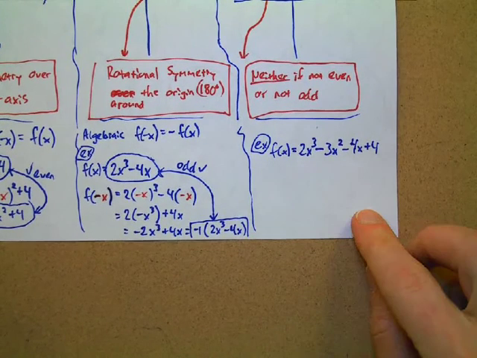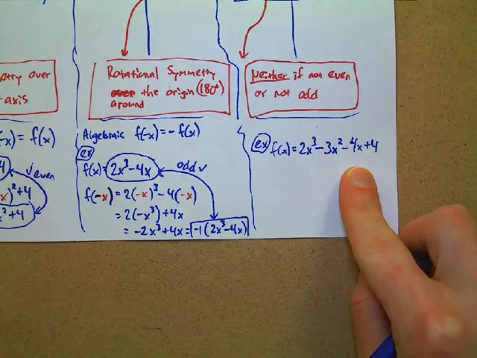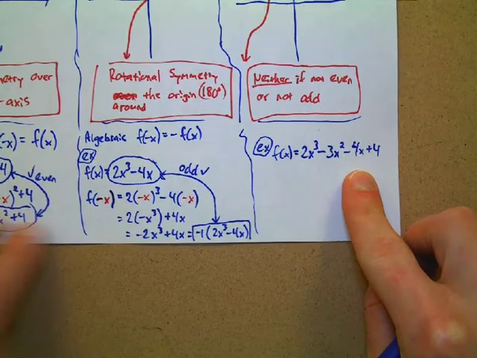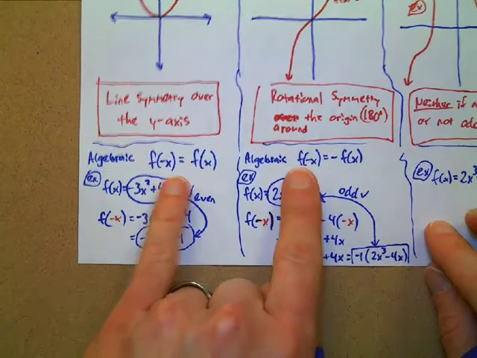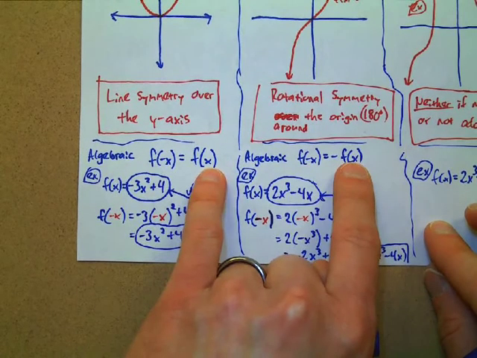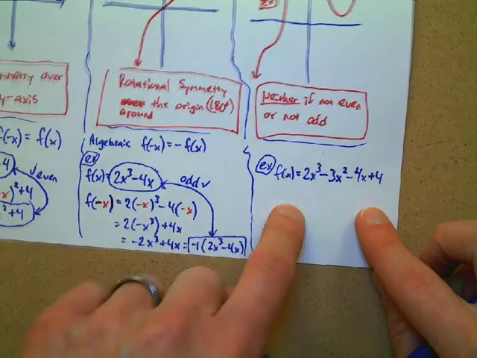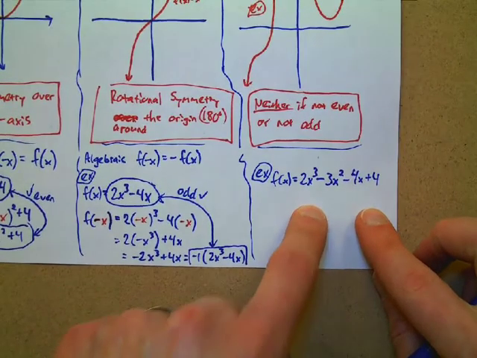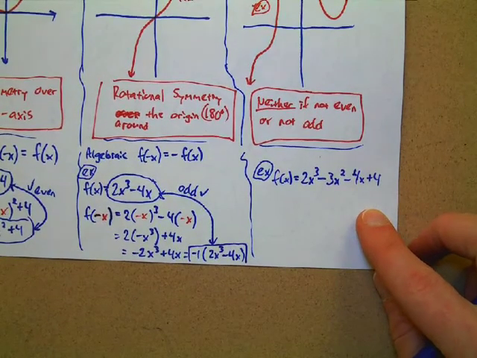So in this case, I'm putting it under neither. But what's our litmus test here? Well, for even or odd, you're plugging in a negative x. And we're trying to see what our result is. The same thing here. The test we're going to use in a situation where we're not sure whether it's even or odd, we're still going to plug in a negative x.